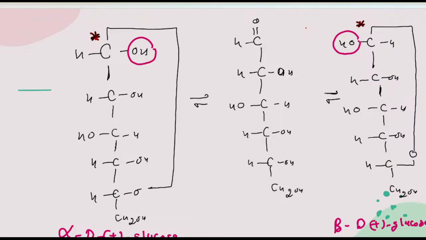When two structures have a different configuration with respect to the first carbon, it is known as an anomeric carbon. When the first carbon differs in position. I will tell you the definition as well, just try to observe this.